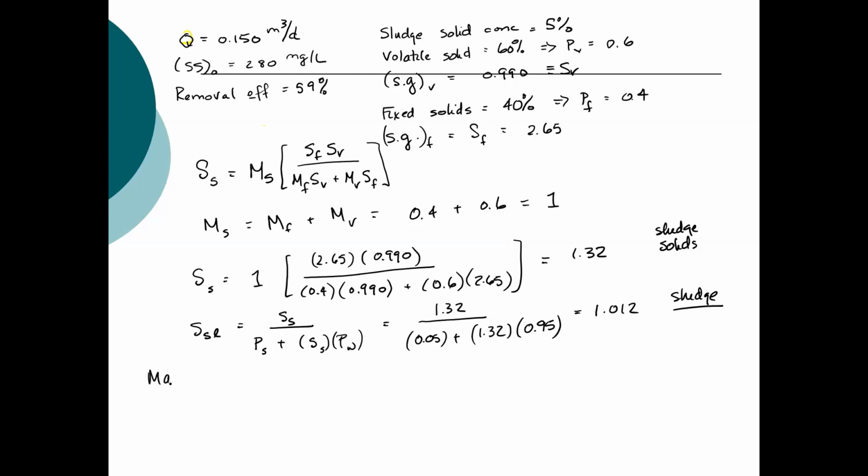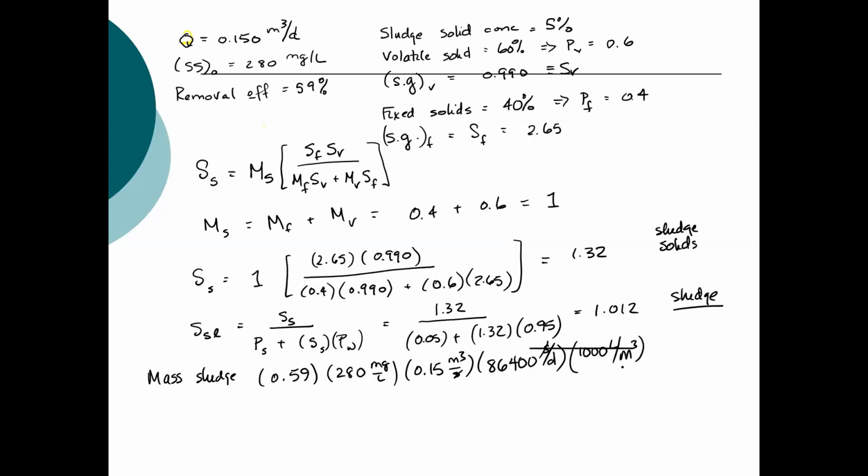The mass of sludge is equal to the fraction removed times the influent suspended solids concentration times our flow rate times conversion from seconds to days. So seconds cancel, times 1,000 liters per meter cubed.